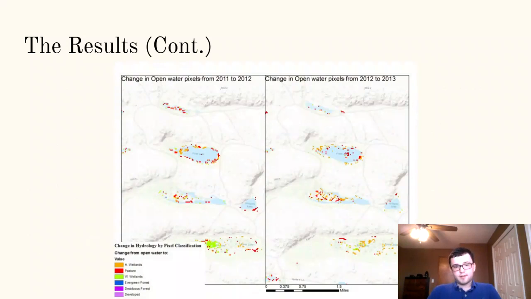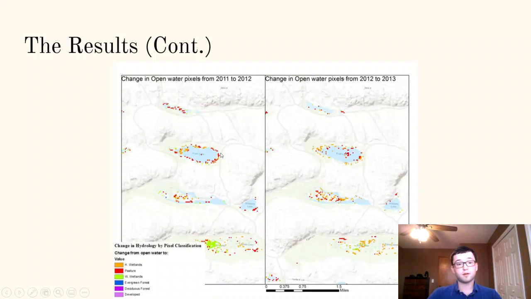So what happened? These two maps were generated by me for the 2018 GIS-LIS conference. And what I specifically wanted to look at was the change in open water pixels from 2011 to 2012 and 2012 to 2013. So in the first map, what we can see is the change from open water to some of these terrestrial pixels.